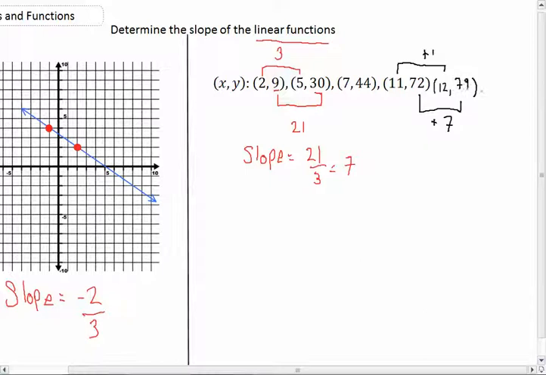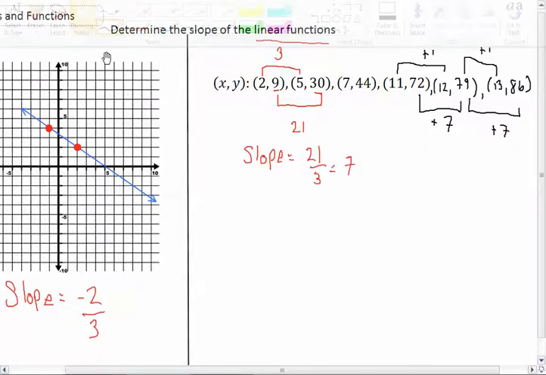There you go. So if I had another value here, 13, what value would it have? 86. Again, you just have to keep the consistent pattern. If I add 1, then I add 7. Okay?